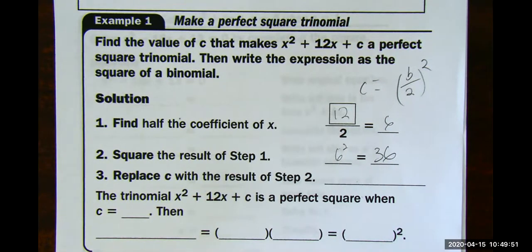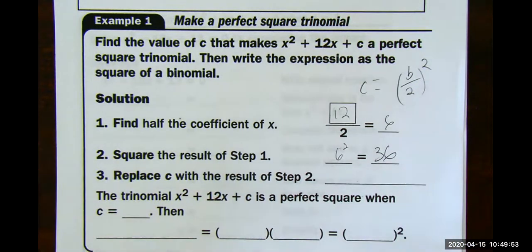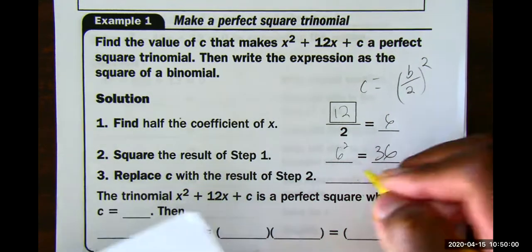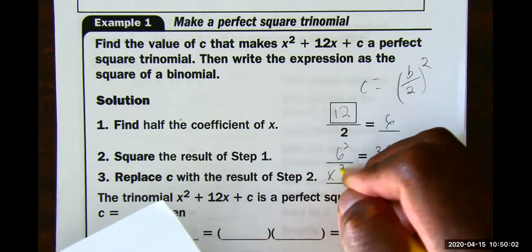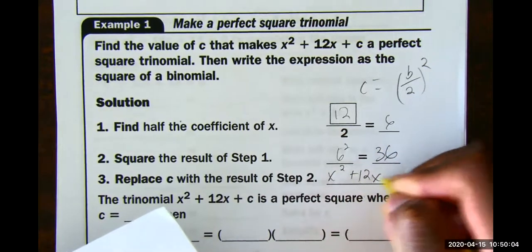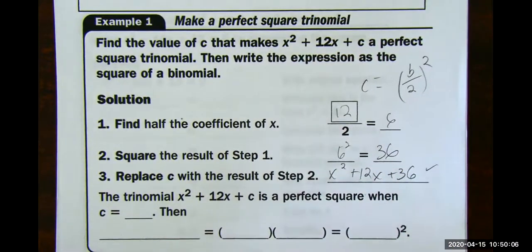And then we just add this to both, well, in this case, it's not even an equation. I'm saying add it to both sides, but right now we just need c to get a perfect square trinomial. So we have x squared plus 12x plus 36. Voila, 6 times 6 is 36. 6 plus 6 is 12.